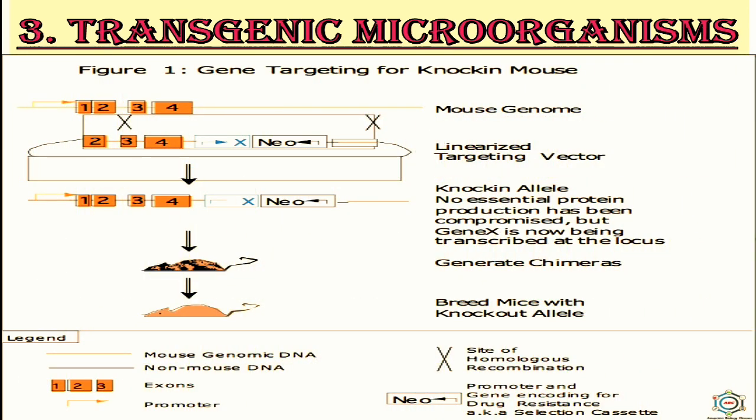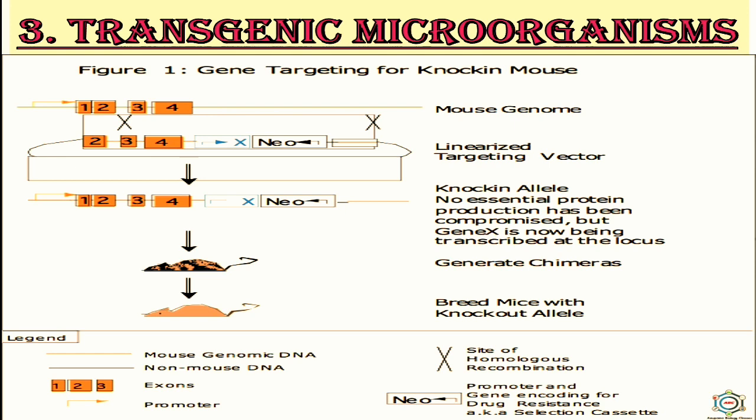Here you can see gene targeting for the knockout mouse. So what is gene targeting? A variation of the transgenic technology is gene targeting, in which a multicellular organism has a particular gene inactivated in each of its cells. By observing these organisms, researchers can pinpoint the roles of particular genes.